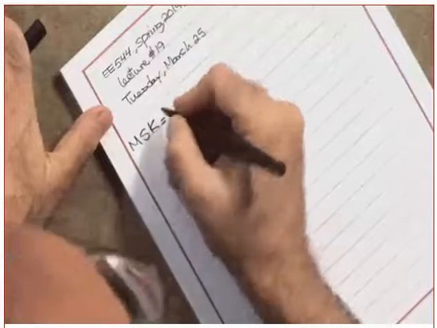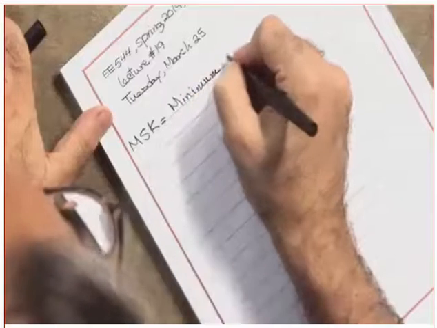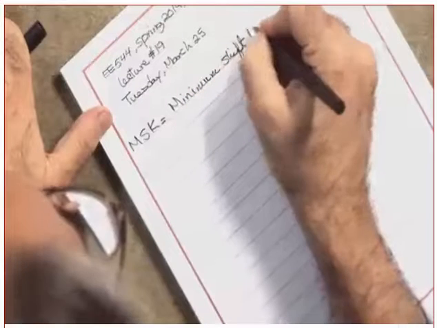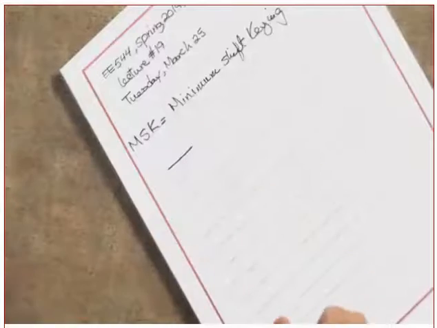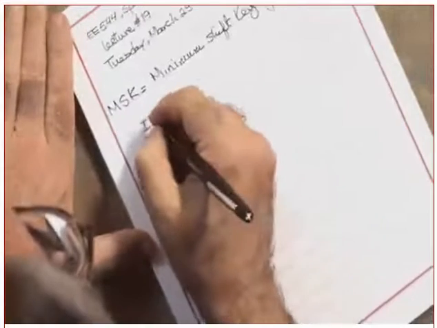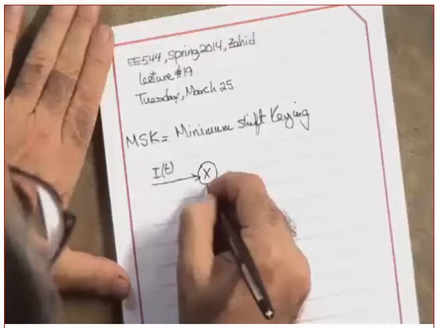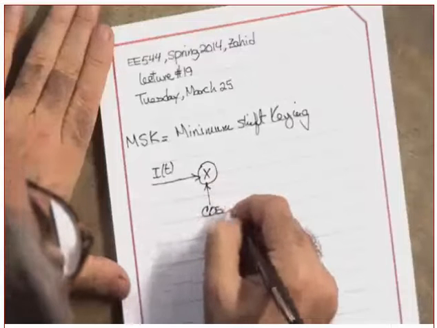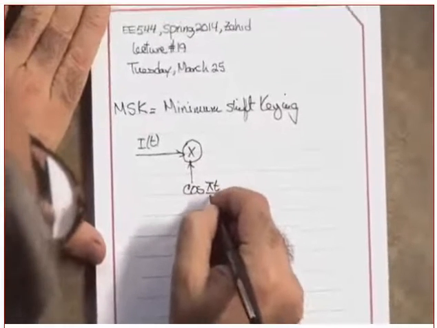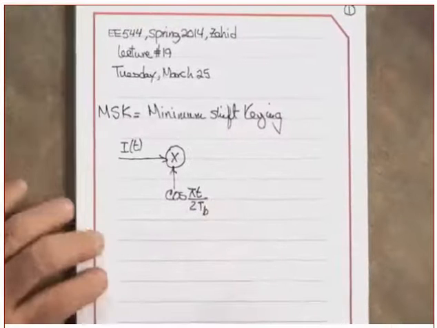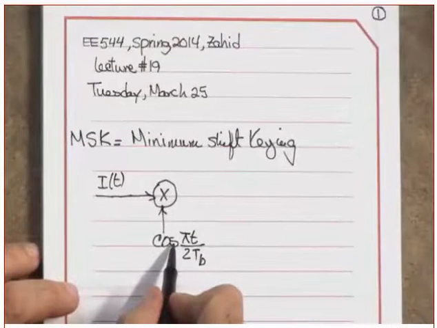Yes? In other words, let me show it to you here quickly. I will show you why they call it minimum shift keying in just a second. This is the I channel: cosine of pi t over 2TB. Question number 1, first of all: is this the carrier or is this a shaping signal?